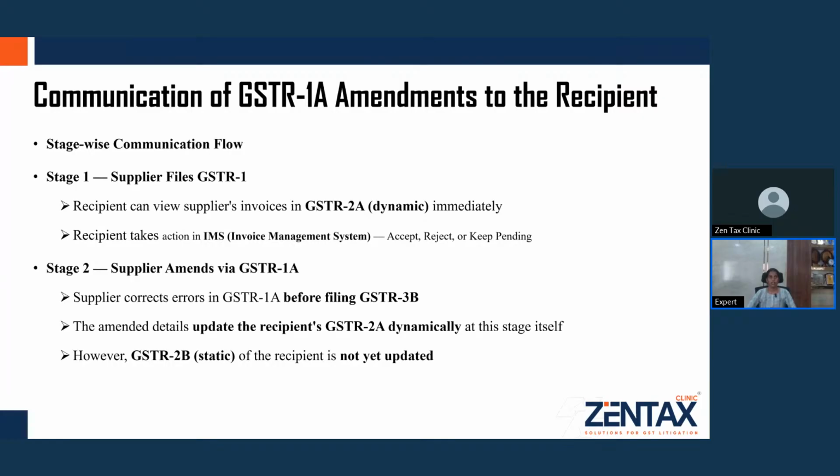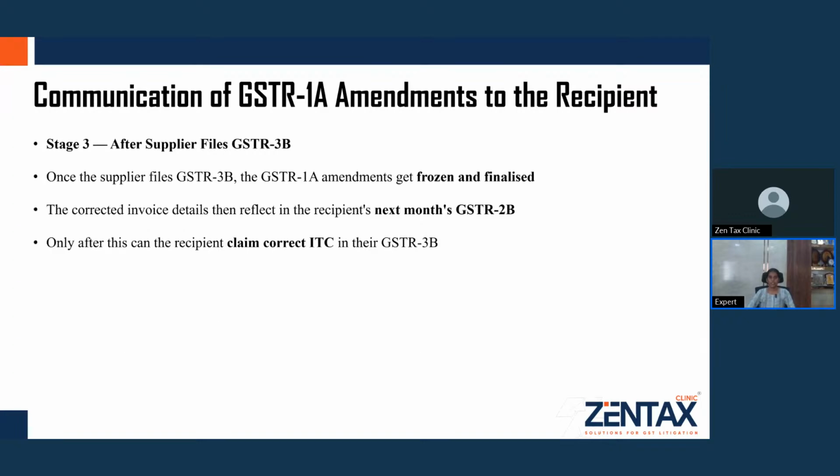In the second stage, when the supplier amends the outward supply details in GSTR-1A, correcting errors before filing GSTR-3B, these amended details update the recipient's GSTR-2A dynamically at the stage itself, but GSTR-2B of the recipient is not yet updated. This will get updated in the next month's GSTR-2B, as I already said.